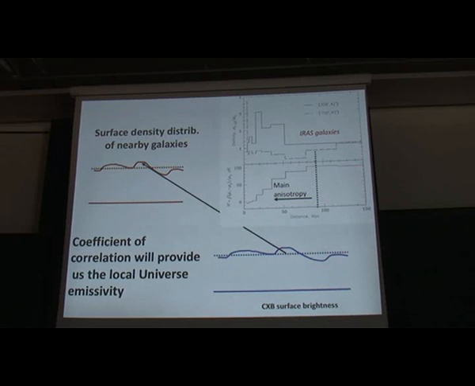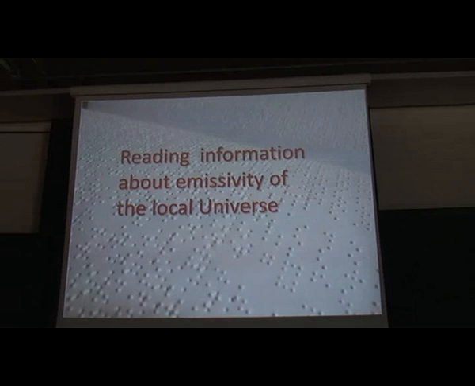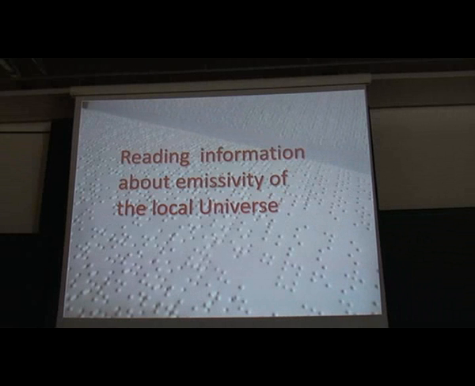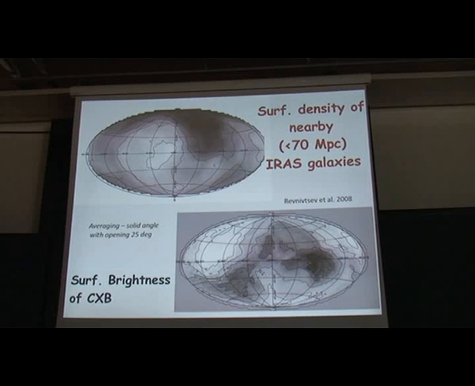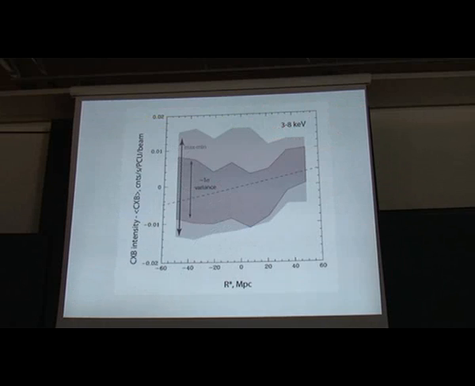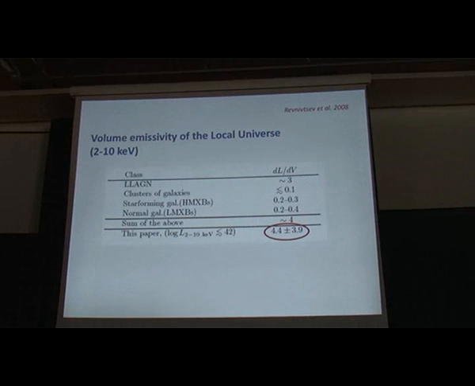And we studied this, so essentially we can feel what the pattern on the sky is and read information about emissivity in the local universe. We did this analysis with RXTE, and we extracted the following information: every X-ray emitting thing, however faint it is, doesn't matter for our analysis.